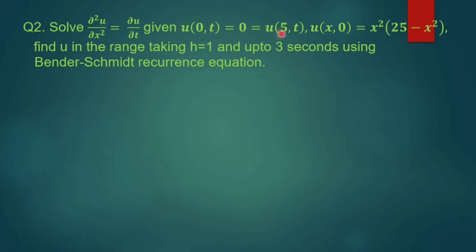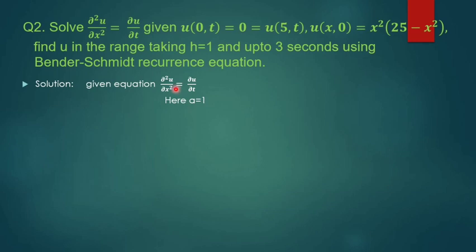So from this value you find that x lies from 0 to 5. So at one end the value of x is 0, and at another end the value of x is 5. Find u in the range taking h is equal to 1 and up to 3 seconds using the Bender-Schmidt recurrence relation.